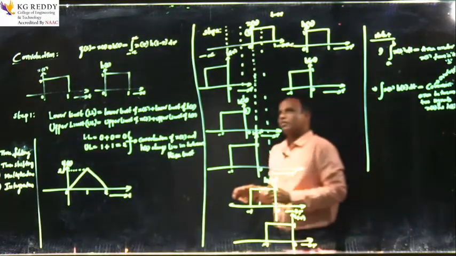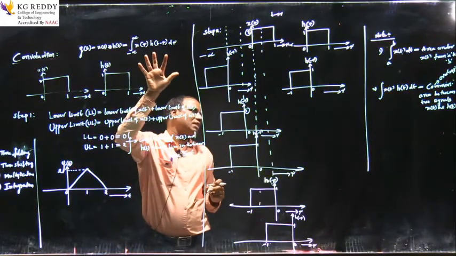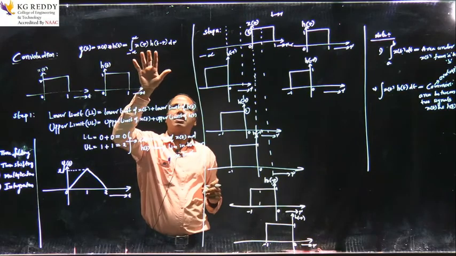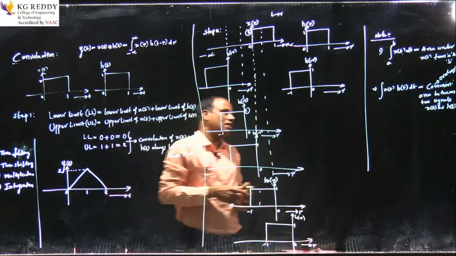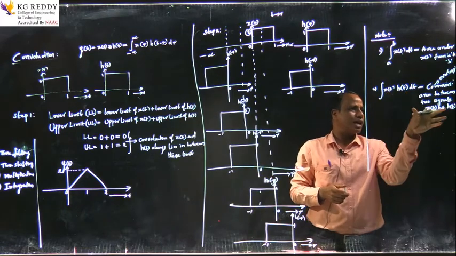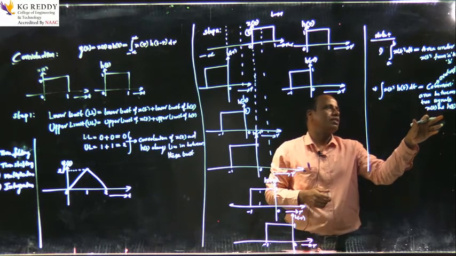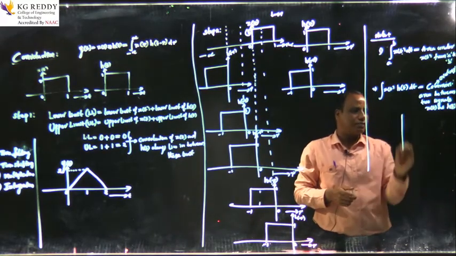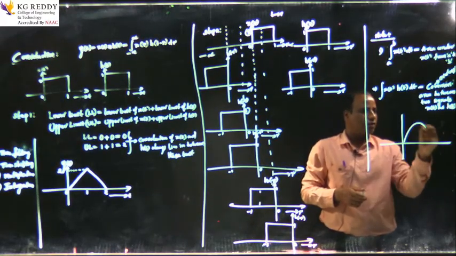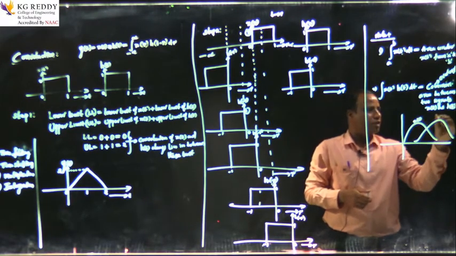I am taking x of tau as one signal and h of t minus tau as another signal, and we are integrating these two signals. That means we are calculating the common area between these two signals. So in the sense, if this is my x of t curve and this is my h of t curve, I am saying this is x of t and this is h of t.